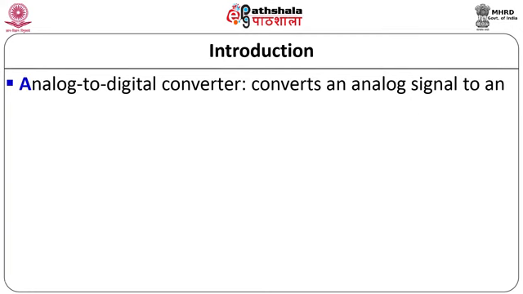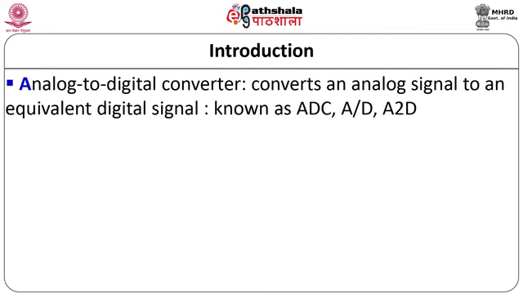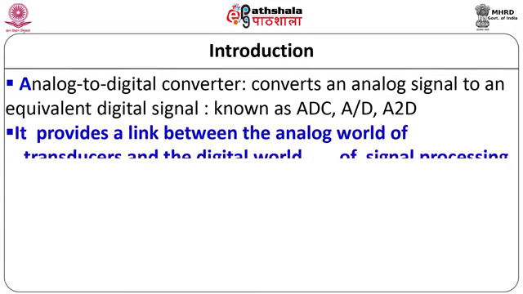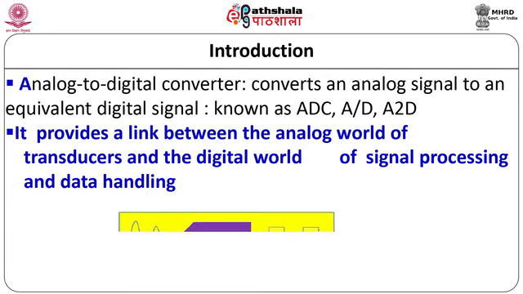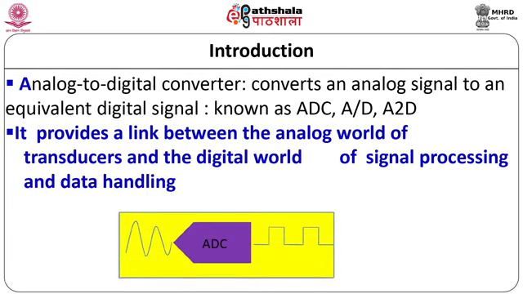Such an analog to digital converter converts an analog signal to an equivalent digital signal. AD converters are known as ADC or A/D or sometimes A to D converters. AD converters basically provide a link between the analog world of sensors or transducers and the digital world of signal processing and data handling.